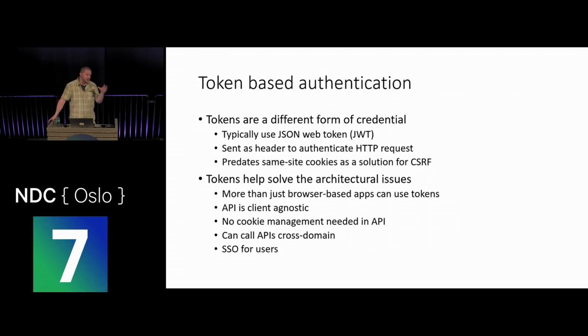So it's not a cookie that's really a browser feature. It's just an independent thing that can be sent on every call, and it can be validated. These are self-contained. They have a digital signature, so they can't be tampered with. They can be obtained by any type of app, so it doesn't have to be just a browser-based application. We can call cross-domain. There are lots of nice benefits for this architecture. It is more complex, though. So this is a trade-off for those benefits.